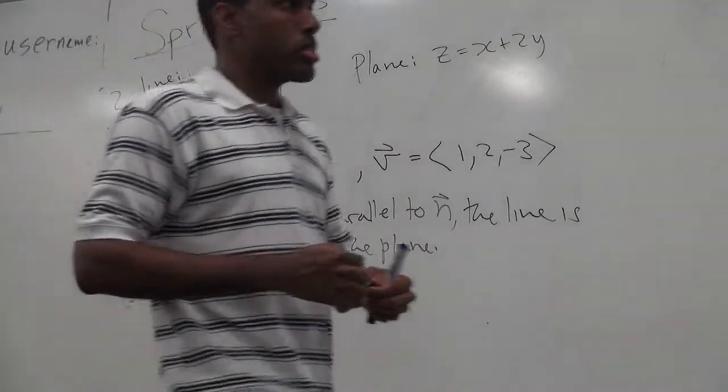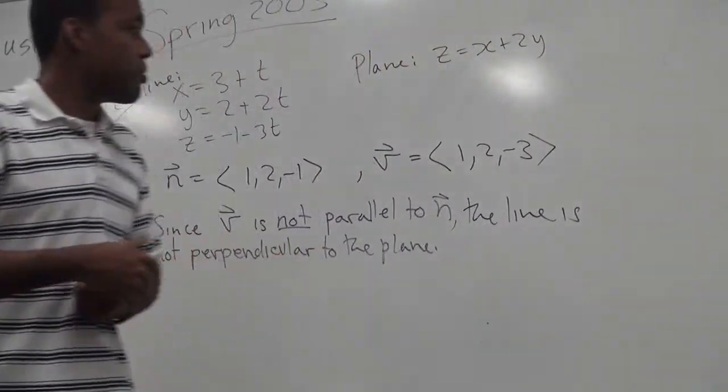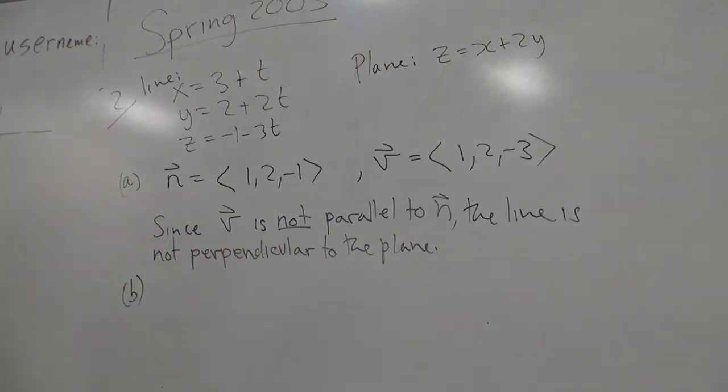B says, find the point of intersection. How do you find the point of intersection? Plug in the x, y, and z values.